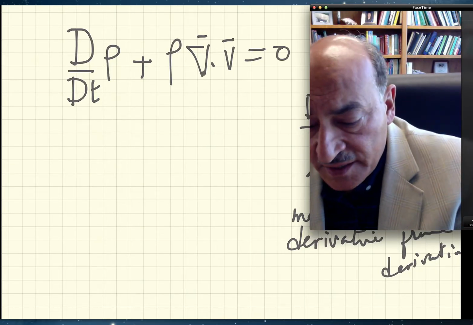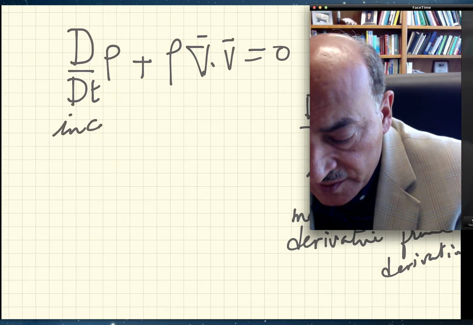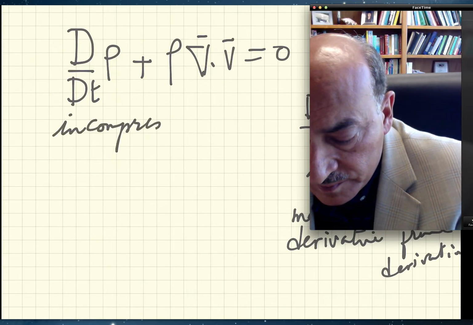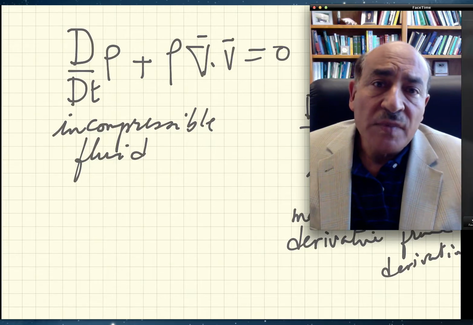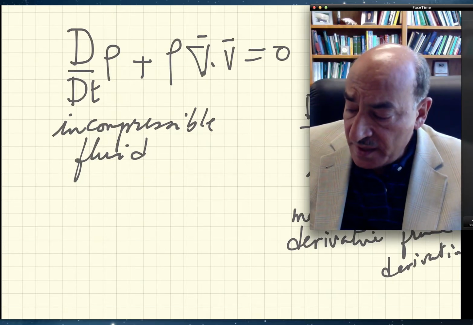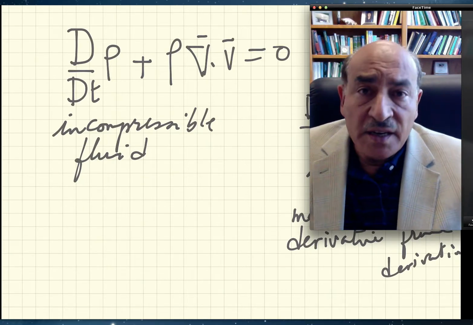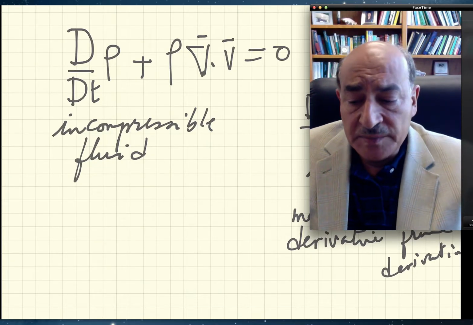So for casting, we would use an incompressible fluid approximation. For incompressible fluids, we are going to look at the divergence of the velocity vector v and show that it is identically equal to 0. So let's try to do that.